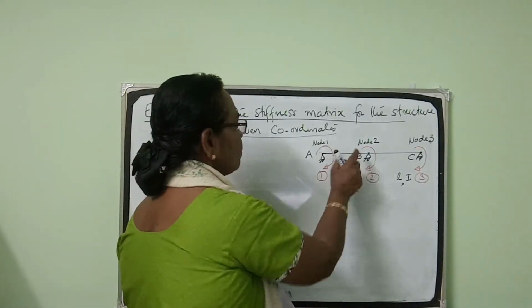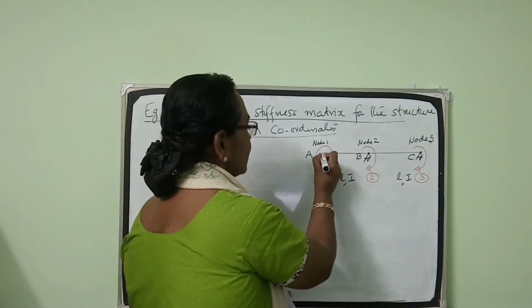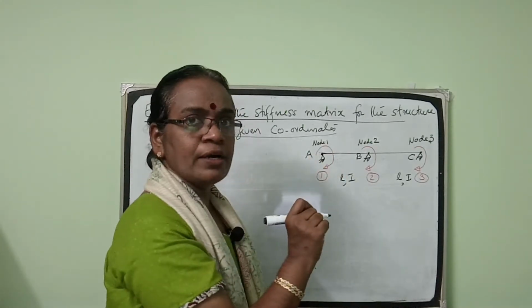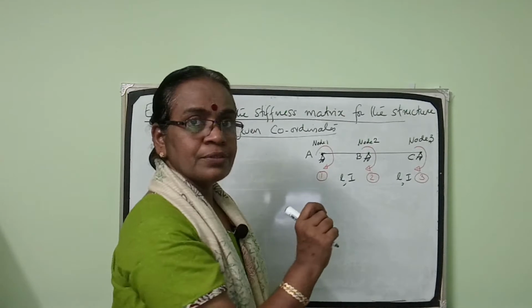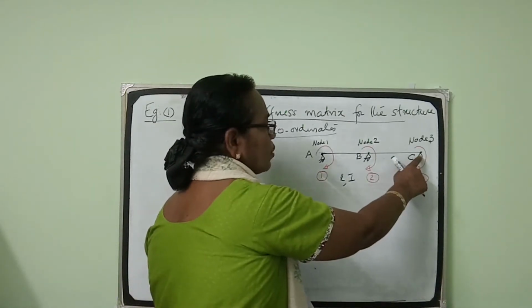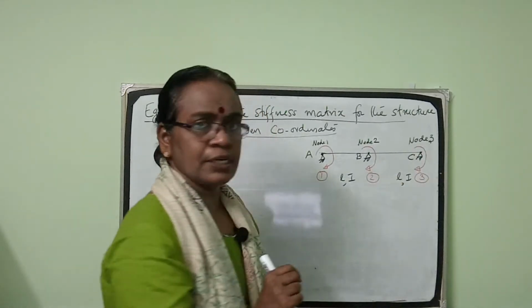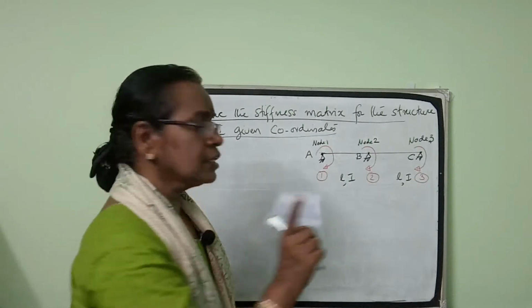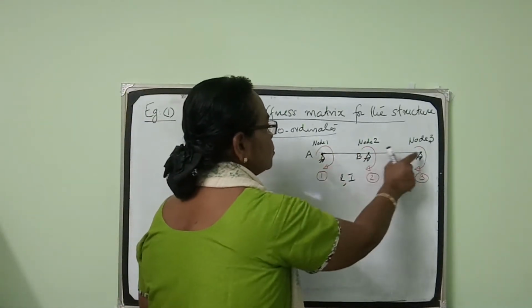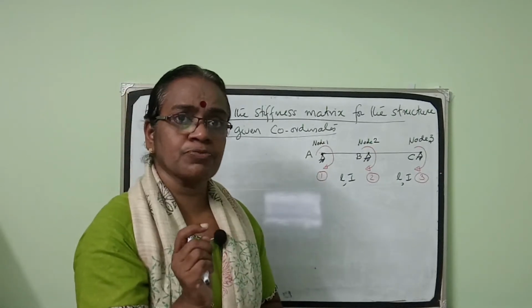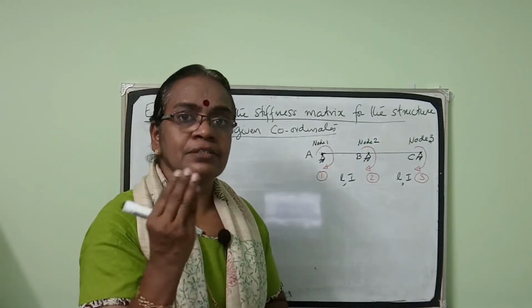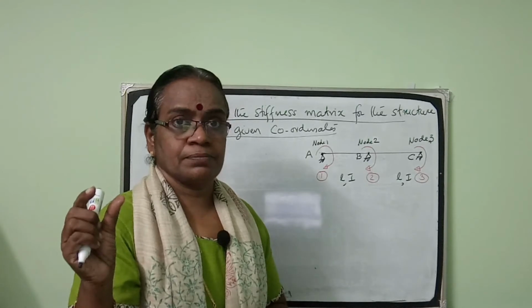So the element AB is having the first edge A, we call it as node 1. The second edge B, we call it as node 2. And this point C, we call it as node 3. So the structure is having three nodes, node 1, node 2, node 3. And the displacements as well as forces will be considered acting at the nodes.